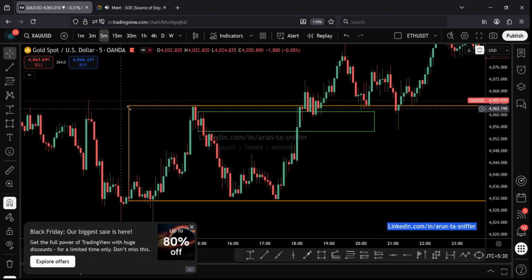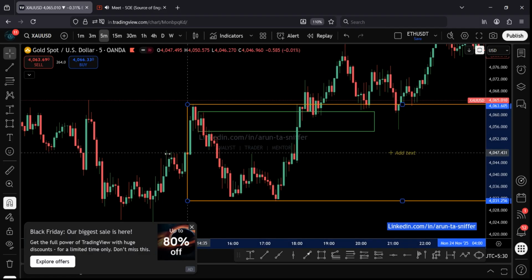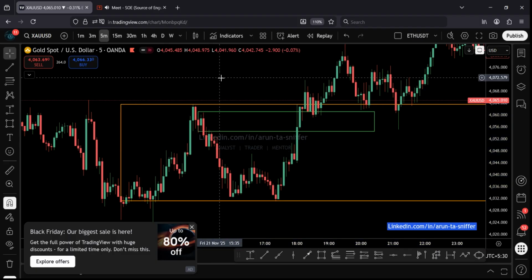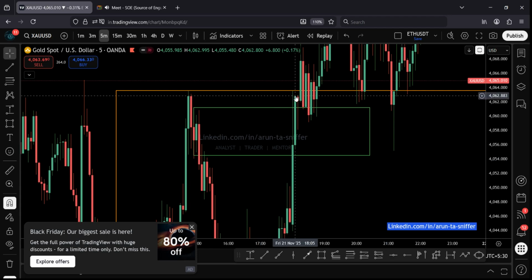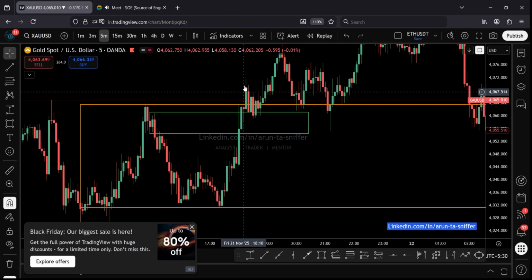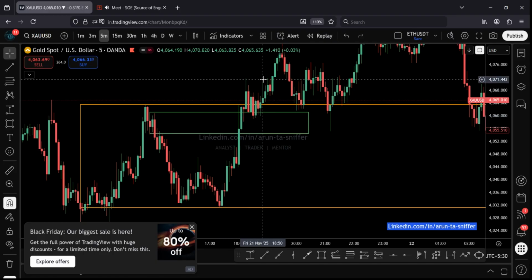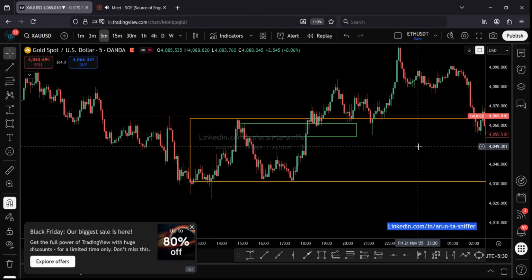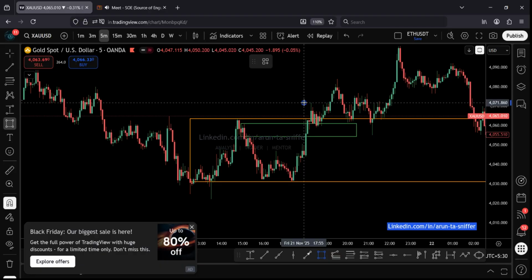Draw this much more clearly, like this, much more accurate. Okay, so price did not engulf it here. Okay, first time it engulfs here and then comes down, then comes down.